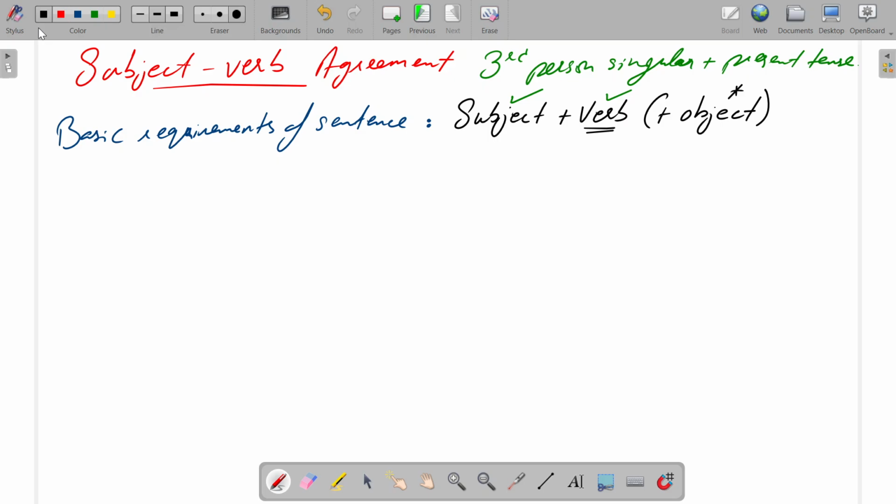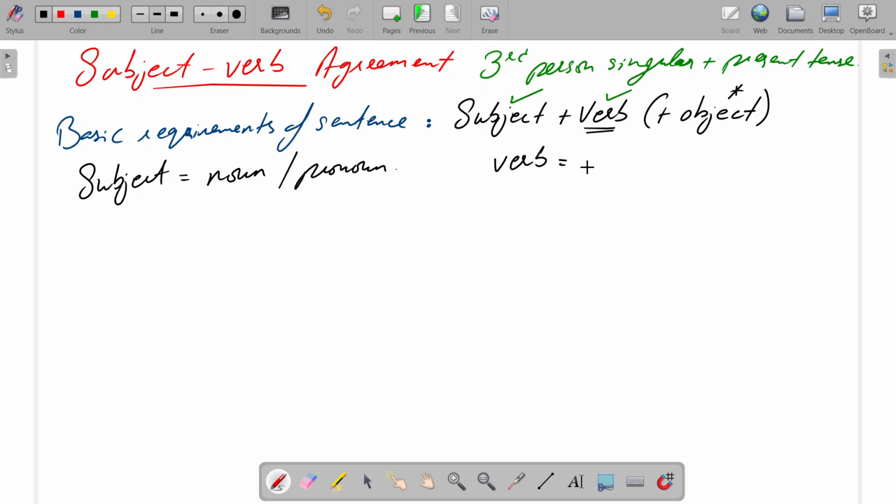Pronoun. Okay, so the subject can be a noun or a pronoun, and the verb is obviously a verb, right?